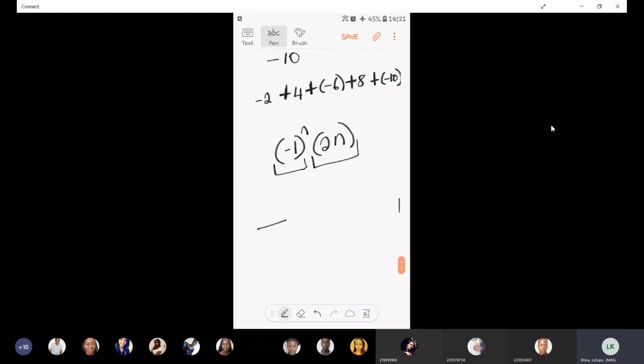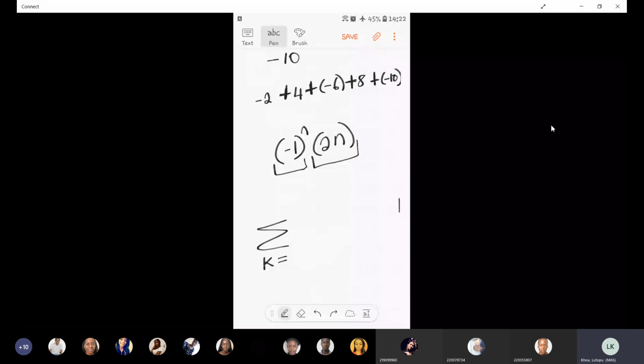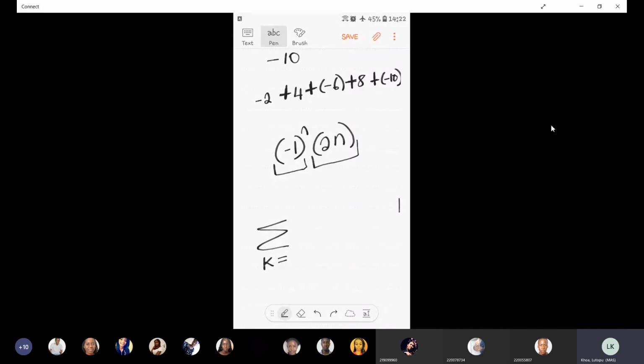But now I want to rewrite it so that I have k. So I have k, where am I starting from, and what do I write over here? Can somebody tell me what is the starting point? Starting point is 1, miss.